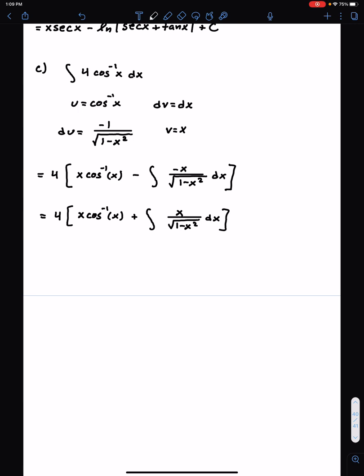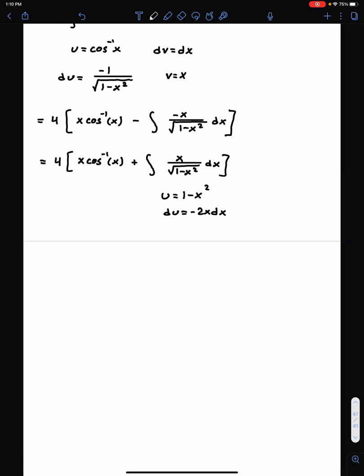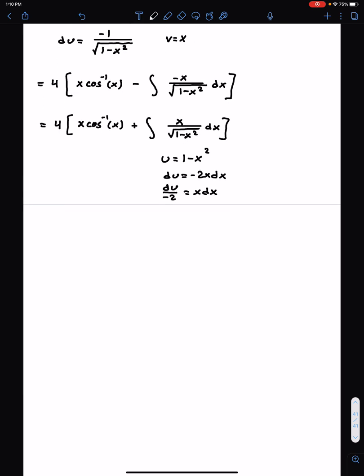Now that integral is a u substitution. u equals 1 minus x squared. So du is negative 2x dx. So du over negative 2 is x dx.